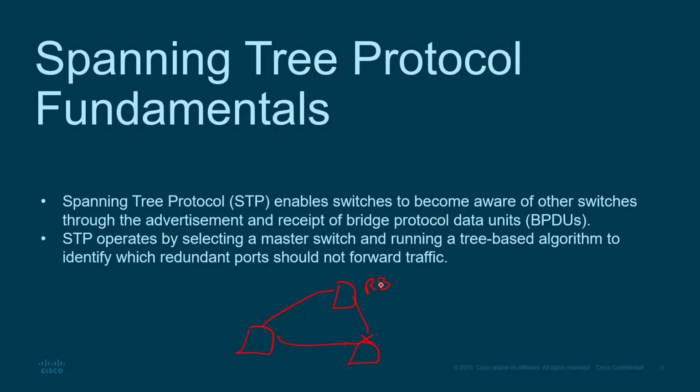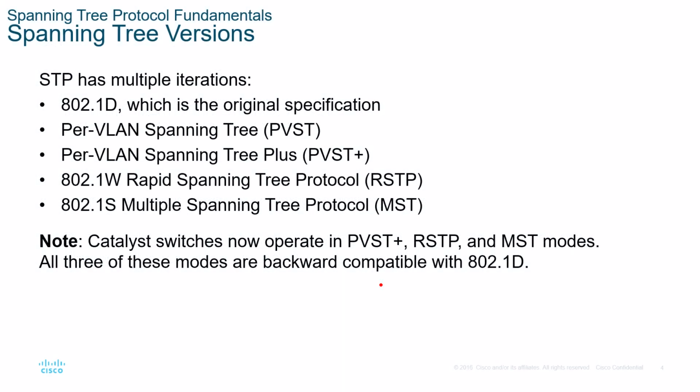The different port states will allow us to figure out what port should be going into a disabled state. All of this should be a review from your CCNA, but we will get into the different variations because STP has many variations. We're going to be talking predominantly about RSTP, or Rapid Spanning Tree Protocol. I do have a complete video series on Multiple Spanning Tree Protocol, MST, but that is about 3 hours long just on that protocol alone.